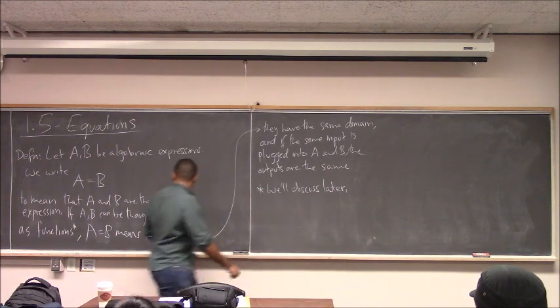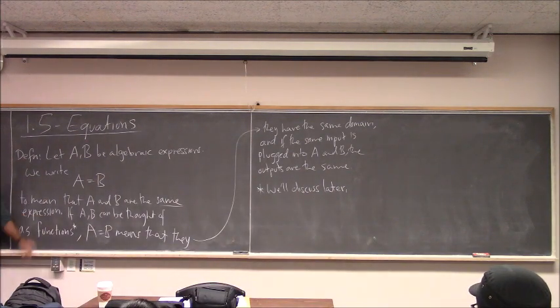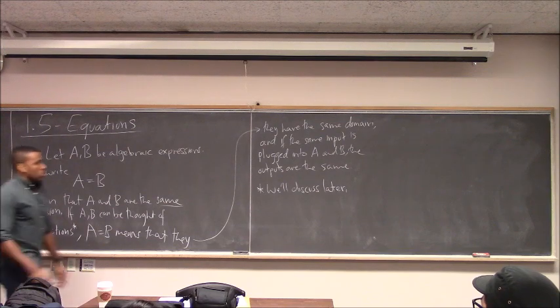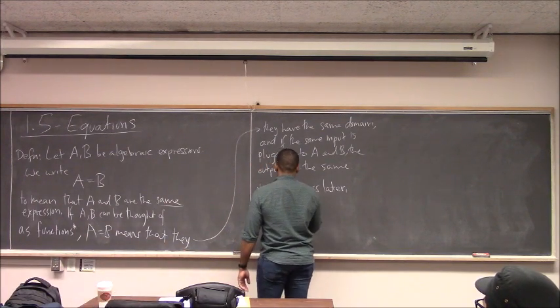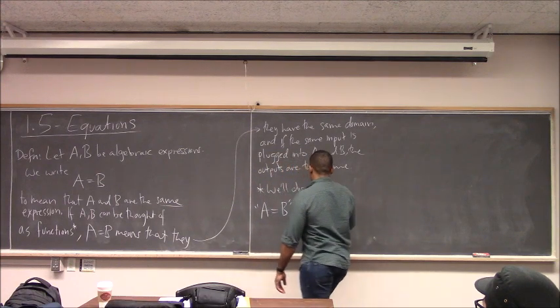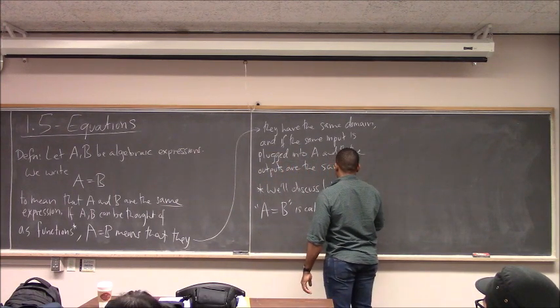So we will be revisiting the notion of a function. So just in case you forgot what that is, we'll be talking about that later. So if you don't remember exactly what that is, we'll get to it. And so A equals B is called an equation.